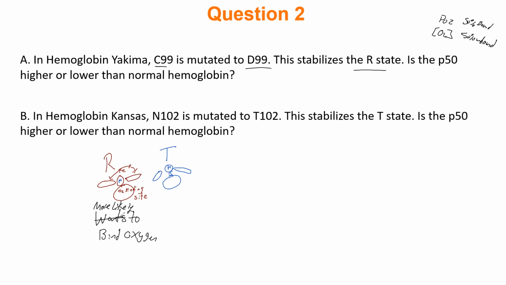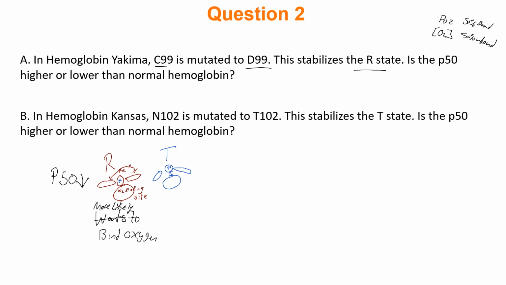That's the more scientific way to put it. Since you're more likely to bind oxygen if you're in the R state, the pressure at which you are half bound and half unbound is lower than normal hemoglobin, because in Yakima, you're stuck in the R state, right? You're always going to want to bind oxygen. So it's going to be easier for oxygen to bind.